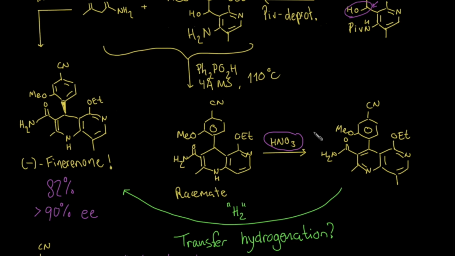So I think this is a pretty cool way of resetting the synthetic plan. I'm always very excited when I see a transfer hydrogenation in a total synthesis, because it's rather unusual to come across something like this.